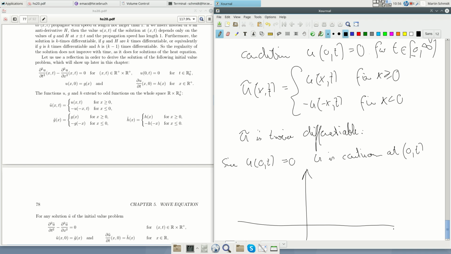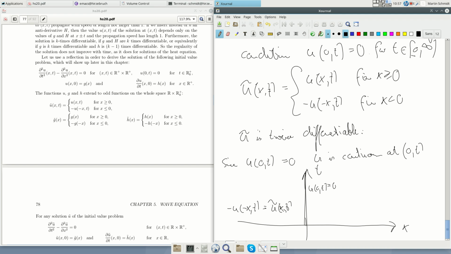Here we have x and t, here is the line, and here we reflected: u of minus x,t with a minus is equal to u of x,t. We reflect this u tilde of x,t as this function, and here u of 0,t vanishes. Then of course this is continuous here.